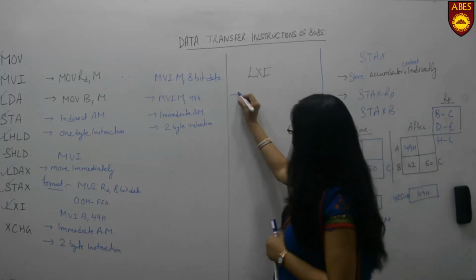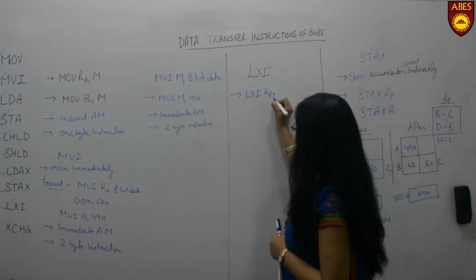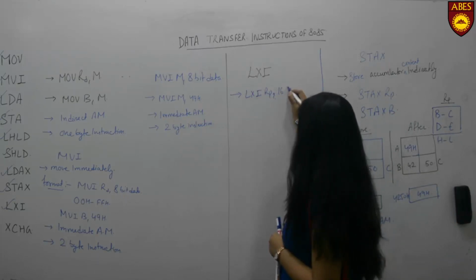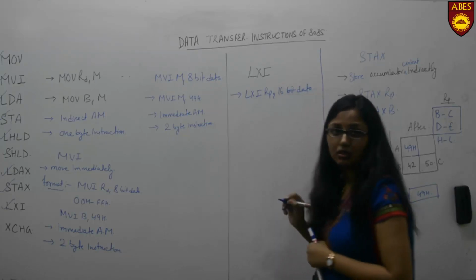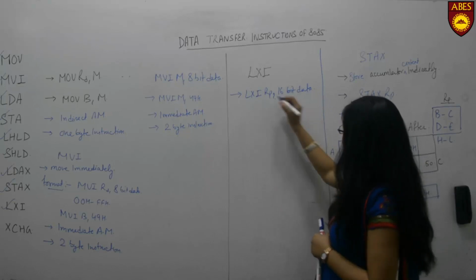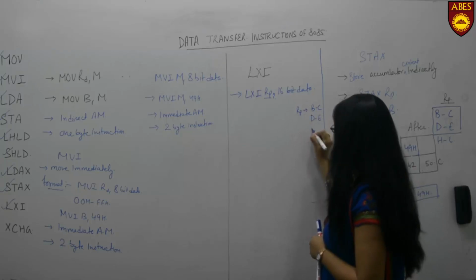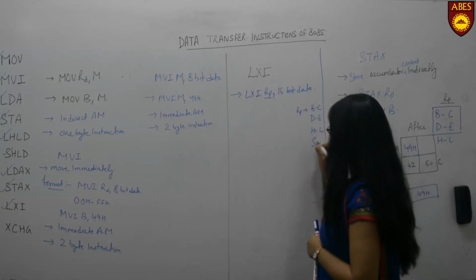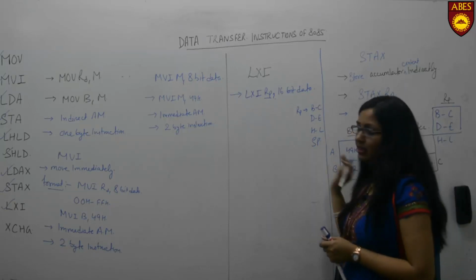The format for this instruction is LXI RP, 16-bit data. This RP may be BC, DE, HL. It also includes SP. SP is the stack pointer, a 16-bit register.